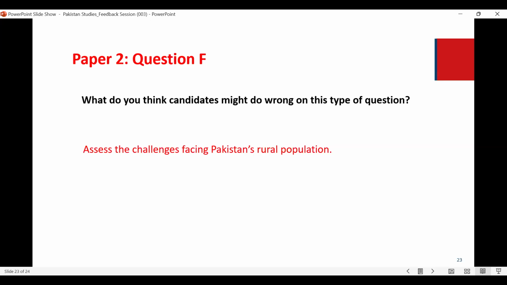But we're talking about weaker candidates. A significant proportion of candidates were very insecure when answering questions based on two specific topics. So that could be something to focus on. We've got the nature and causes of seasonal variations in precipitation and temperature, including the characteristics and causes of the southwest monsoon and western disturbances.